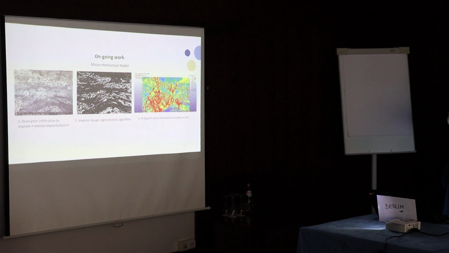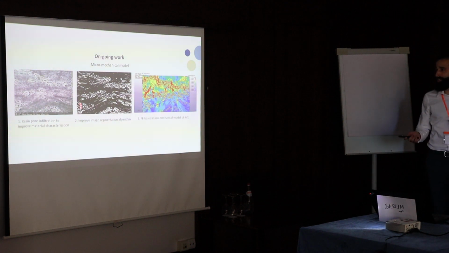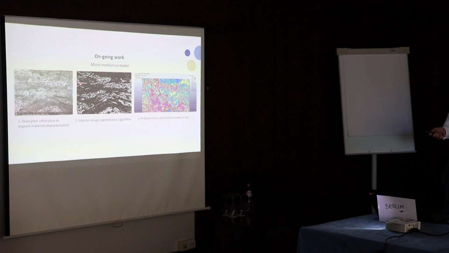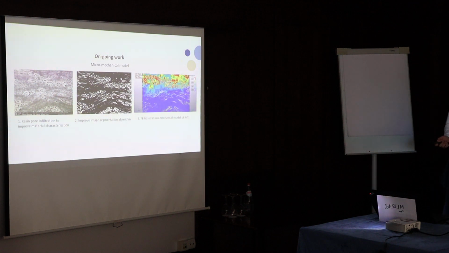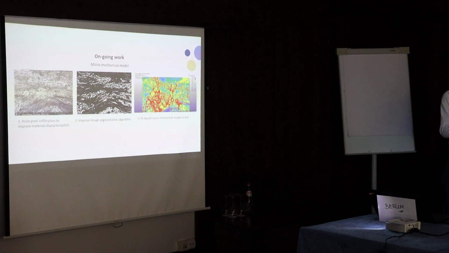The ongoing work right now is that, of course, we did a rough SEM investigation. We can improve it. We can, for example, infiltrate the pores with a resin so that we get a more accurate distinction of the pore edges.